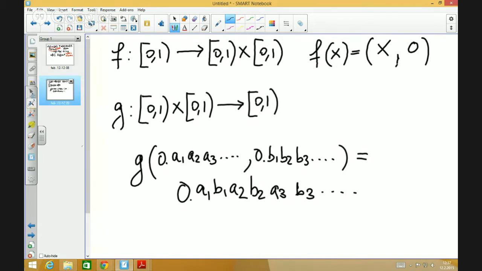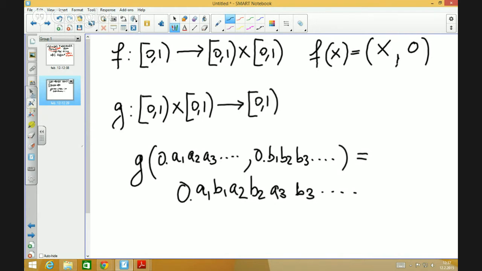Okay, so there you are. This is a function that takes 2 real numbers in the interval 0, 1, and out of them constructs a real number in the interval 0, 1. Moreover, this real number is uniquely determined by the 2 real numbers that you put as argument. Why?